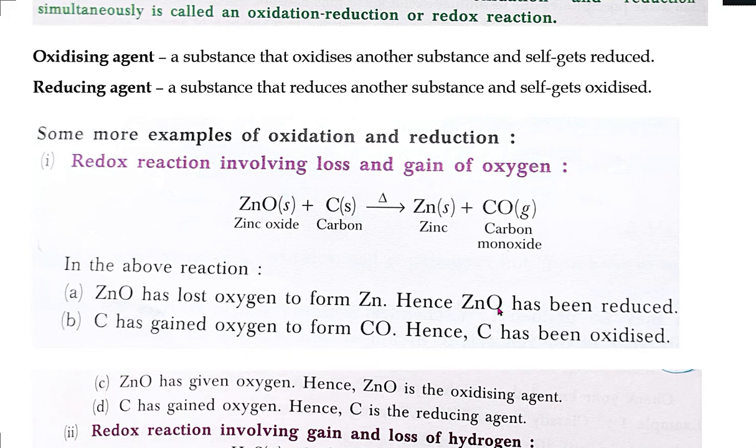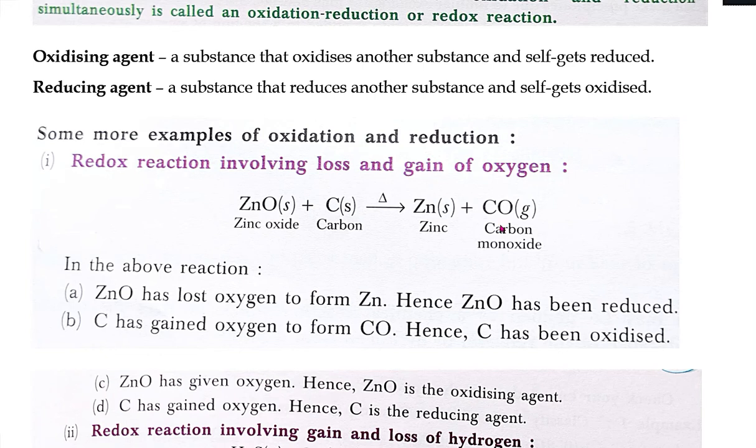So losing oxygen is called reduction. We can say that ZnO has been reduced to zinc, and carbon has gained oxygen and got converted into carbon monoxide.